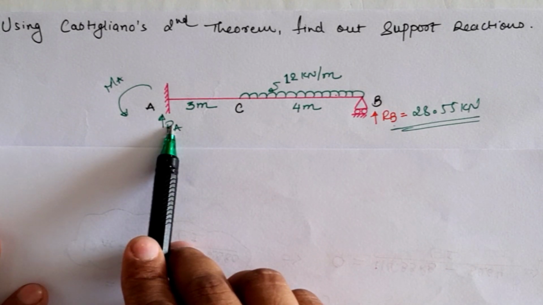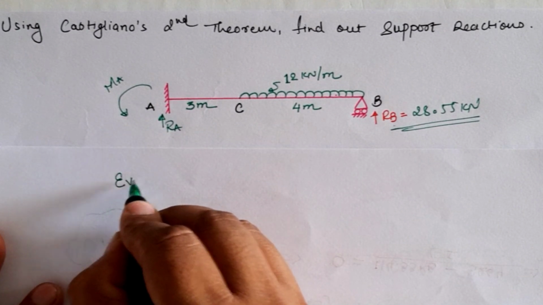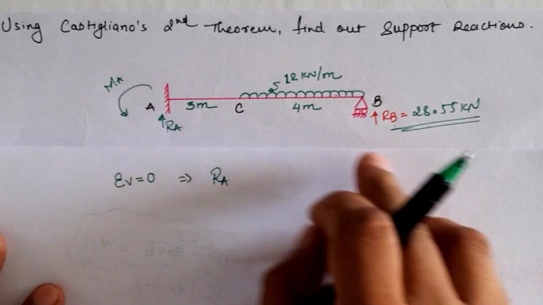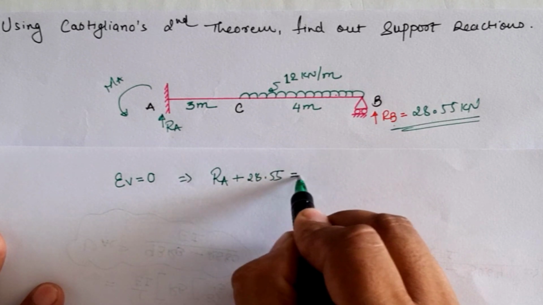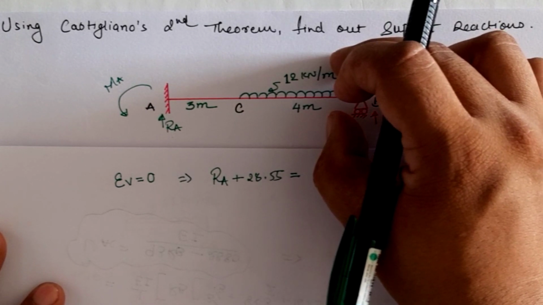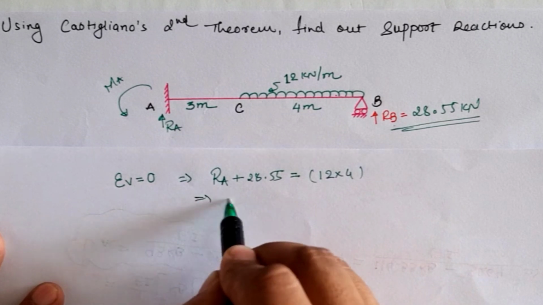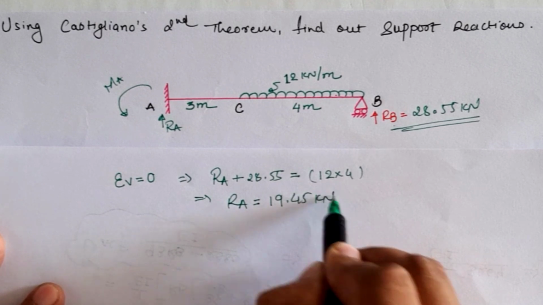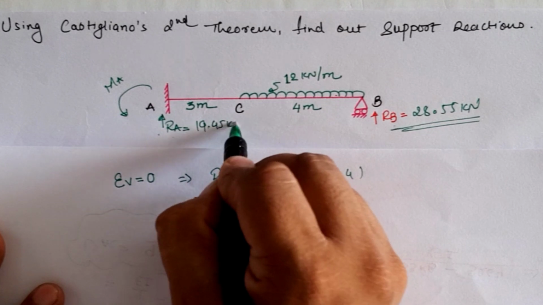Now the vertical reaction at support A is RA and the anticlockwise moment is MA, then taking the equilibrium condition sigma vertical force equal to 0, we will have vertical reaction RA plus vertical reaction RB, which is 28.55, which must be equal to the downward load, and total downward load due to 12 kilonewton per meter UDL is equal to load into distance. So it is 12 into 4. Now solving this term, we have RA which is equal to 19.45 kilonewton. So our reaction at support A is 19.45 kilonewton.